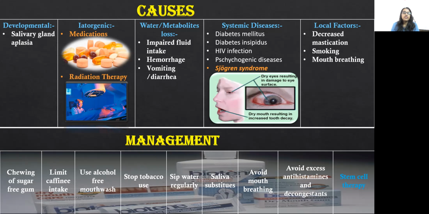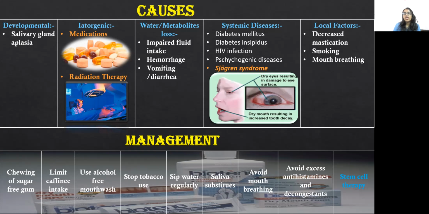One should limit caffeine intake, because increased caffeine intake leads to dry mouth. Then there are management techniques such as saliva substitutes. One should also avoid parafunctional or tissue abuse habits.